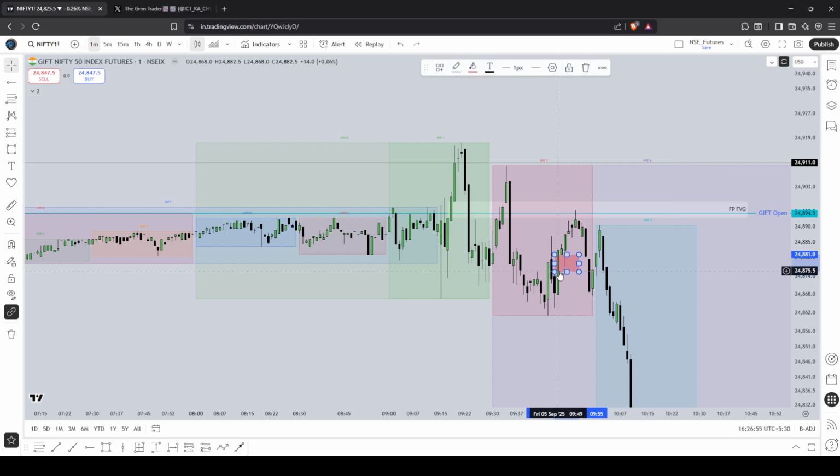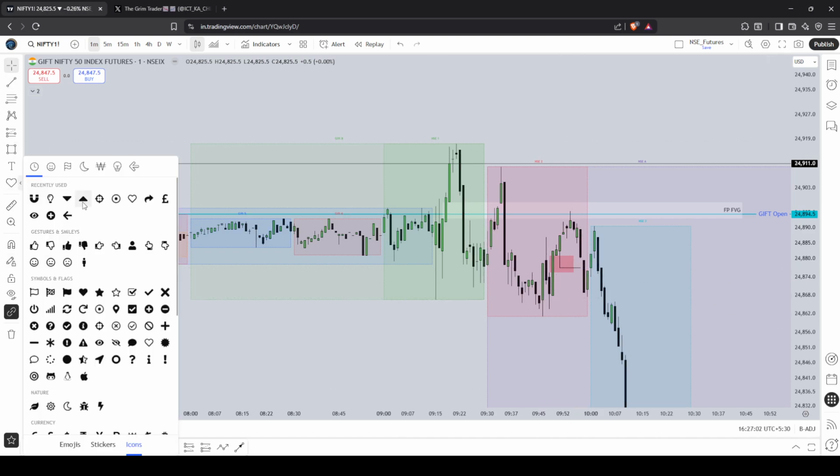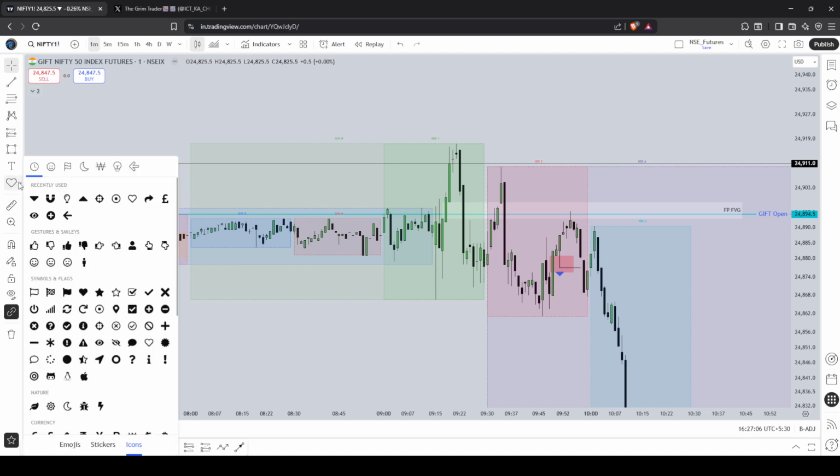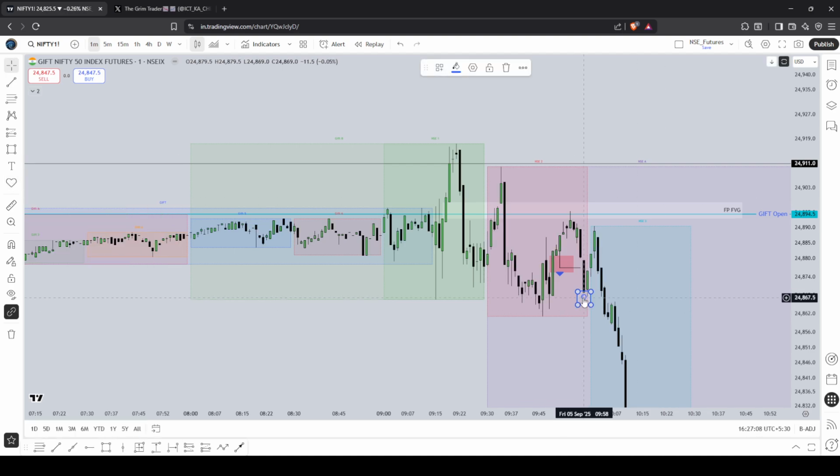There's a short-term low over here. There are various entries and they are all following the ICT concepts. This is your model 2022 fair value gap.